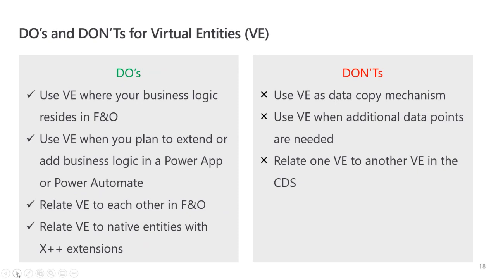You'll also want to relate virtual entities to other native entities that are in the CDS with X++ extensions. So right now, this is the only way to do that. There is some new functionality on the roadmap that will create a user interface to make this process easier. But as of right now, you need to create an X++ extension if you want to relate a native entity to a virtual entity. And that's done directly in finance and operations.